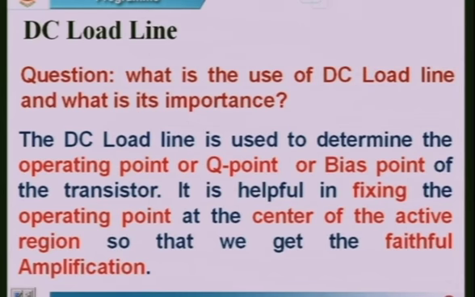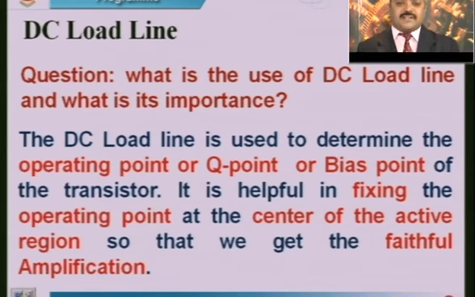First let us discuss the DC load line. The DC load line is used to determine the operating point or Q point or bias point of the transistor. It is helpful in fixing the operating point at the center of the active region. As I told you, we need to operate the BJT in the active region, but that is not sufficient.